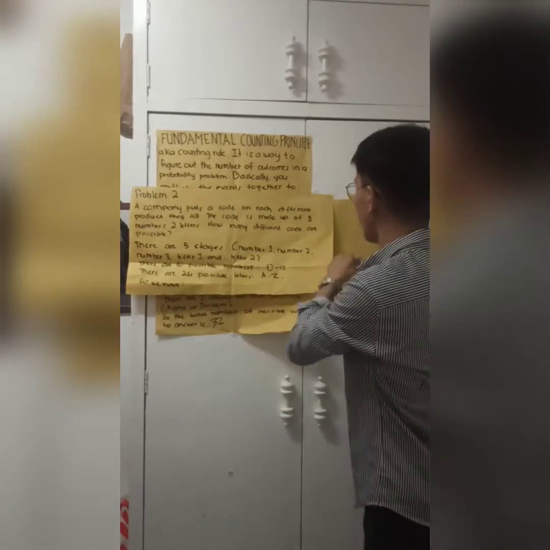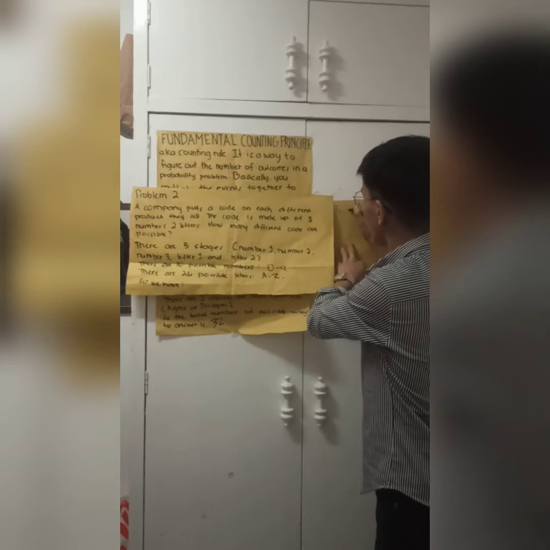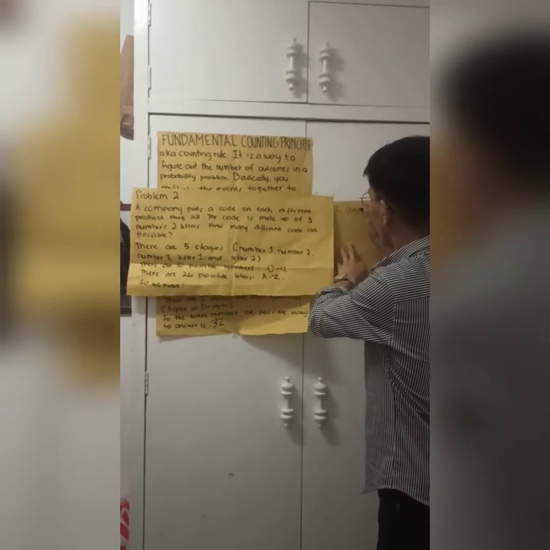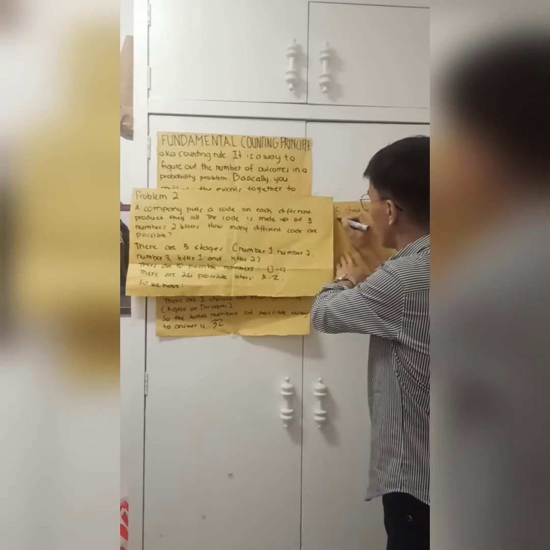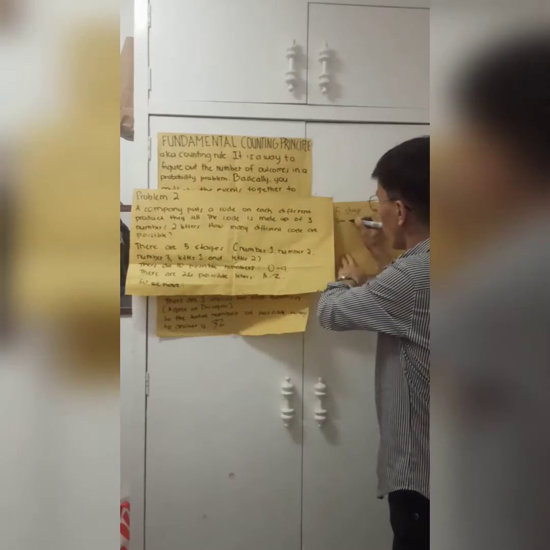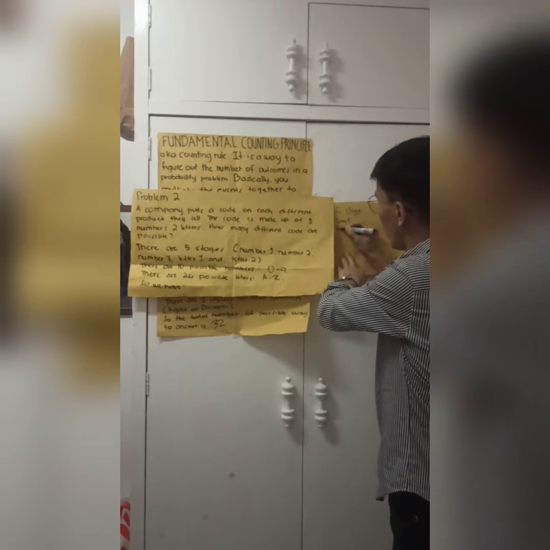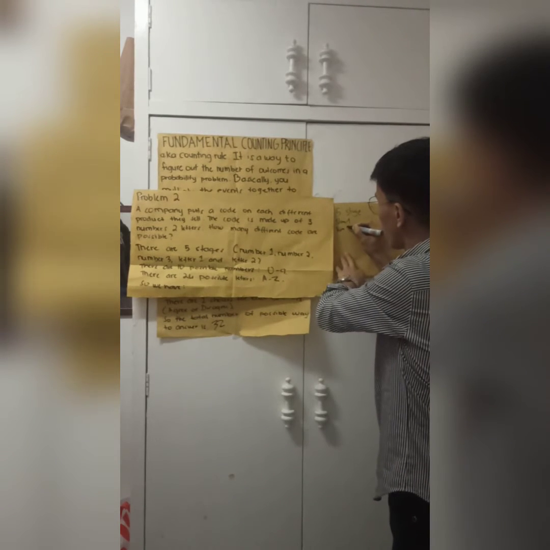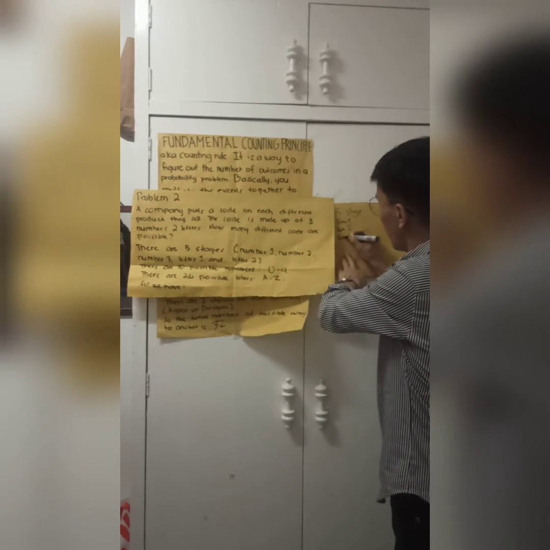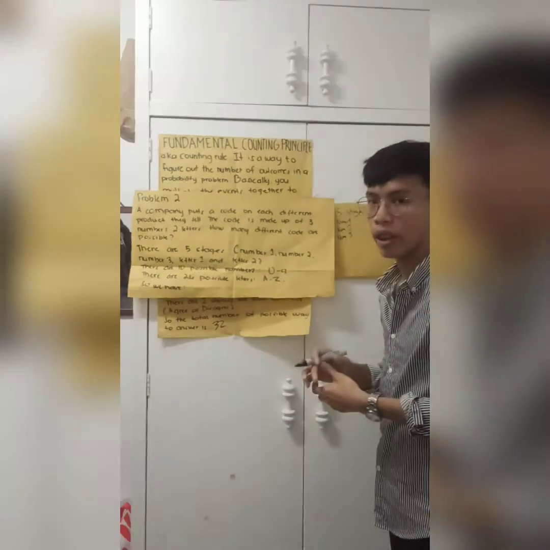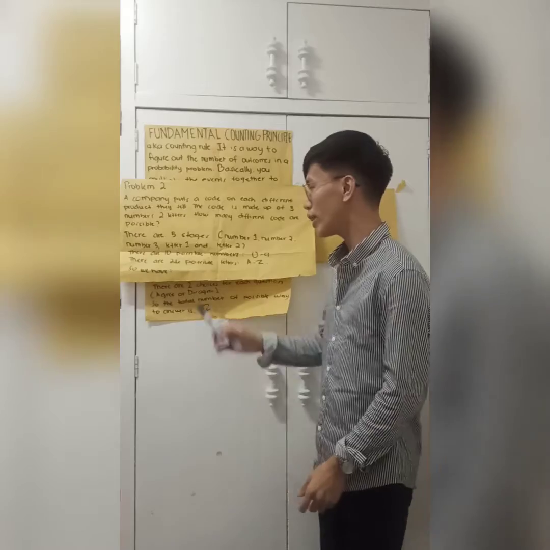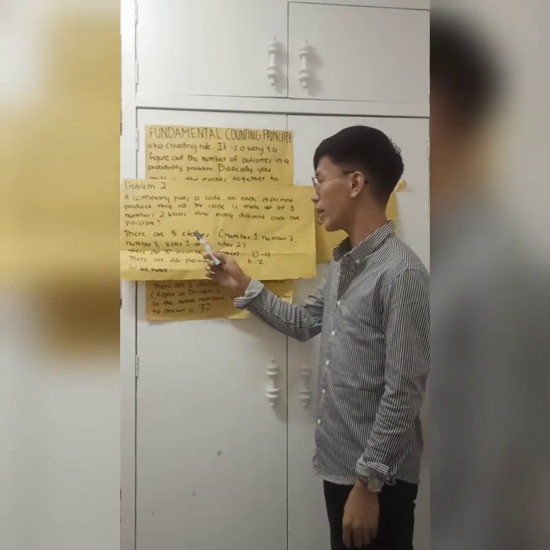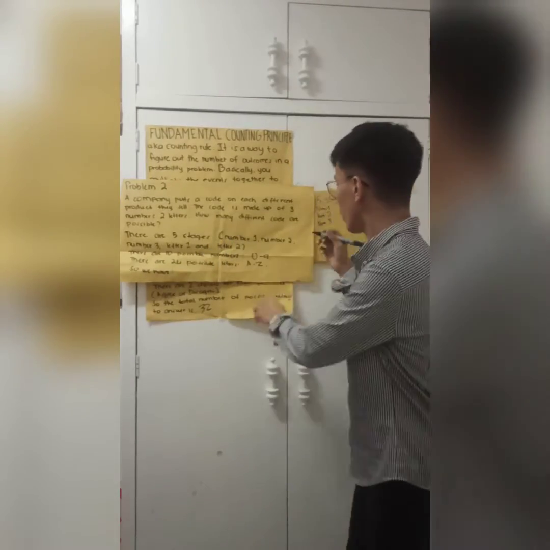So we have 5 stages. And we have 3 numbers: number 1, number 2, and number 3. So we have a total of 3. As you can see here, we have letter 1 and letter 2.